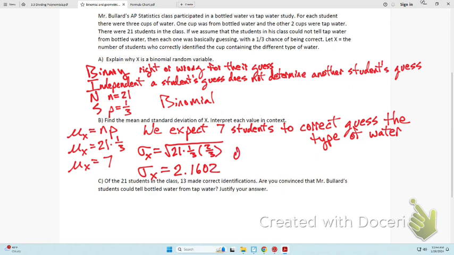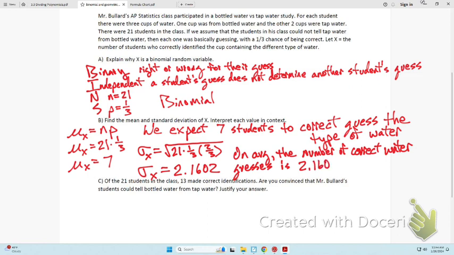For that one, on average, the number of correct water guesses is 2.1602 within the mean. All right, so far not bad at all.